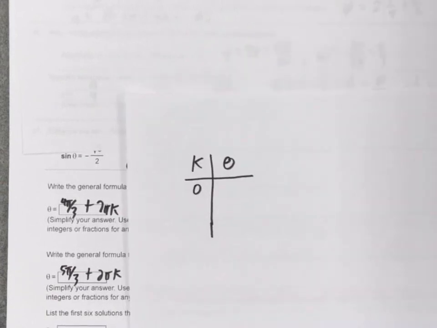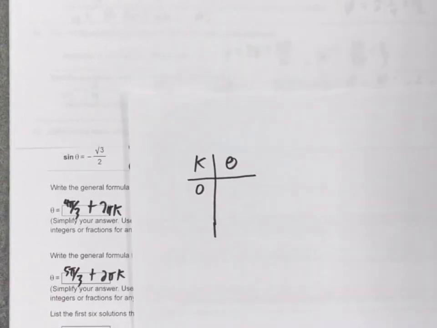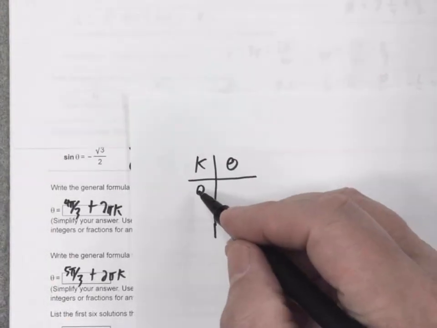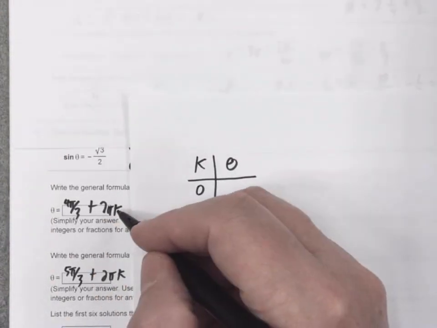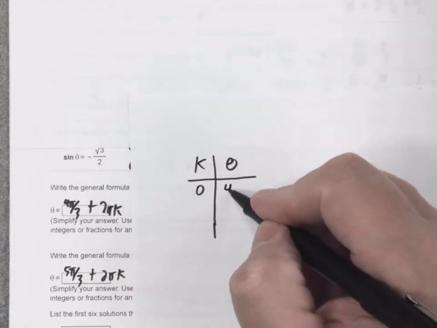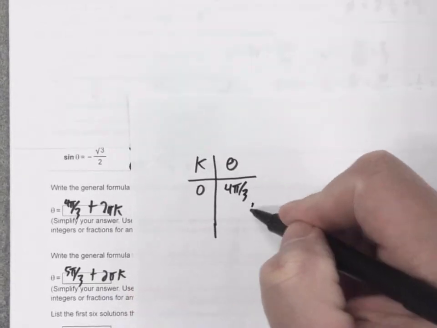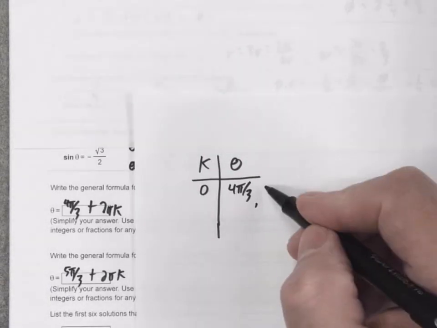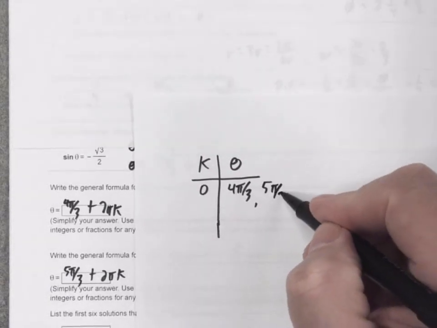So here we go. So they want the first 6 answers. So when k is 0, when I plug in 0 into this first general equation, I end up with 4 pi over 3. And when I plug in 0 into the second general equation, I get 5 pi over 3.